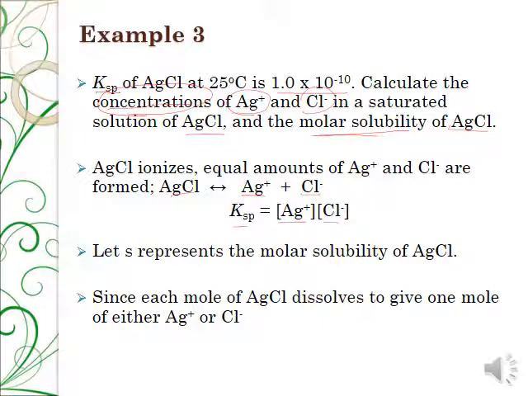Let us abbreviate using the letter S, since each mole of silver chloride dissolves to give 1 mole of silver and also 1 mole of chloride, so we can use S to represent this.